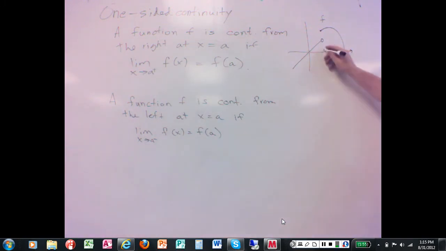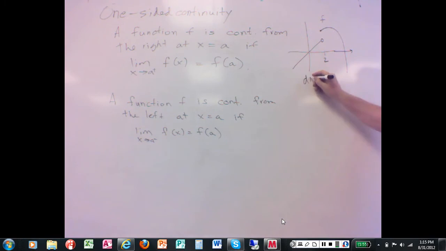Well, obviously I have a discontinuity, and let's say that's at 2. Obviously here I have a discontinuity at 2, don't I? Discontinuous at 2. However, it's continuous from the right at 2. Do you see why?